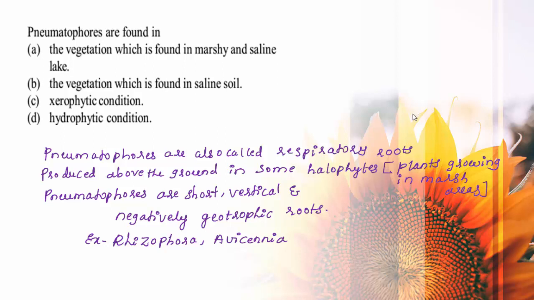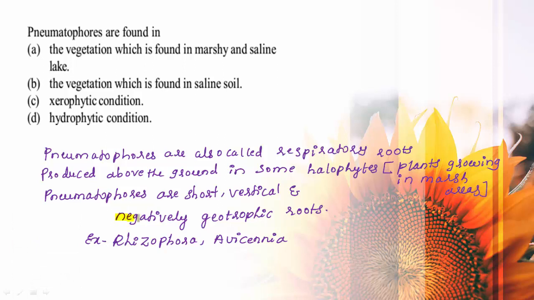What are nematophores? The nematophores are also called respiratory roots, and they are completely opposite to the normal roots, because normal roots are positively geotropic. That means they grow towards the soil.